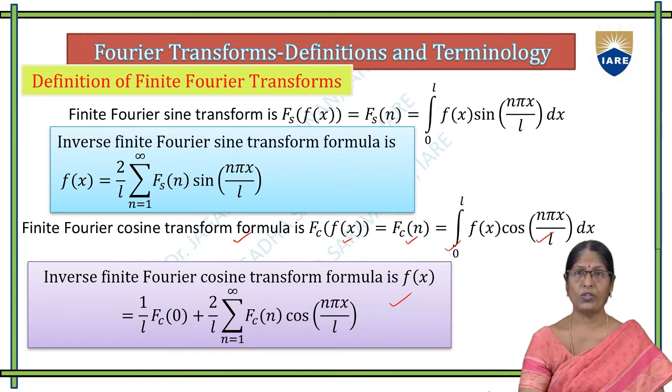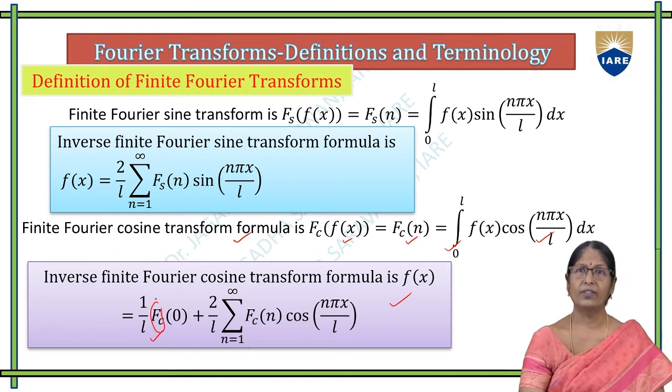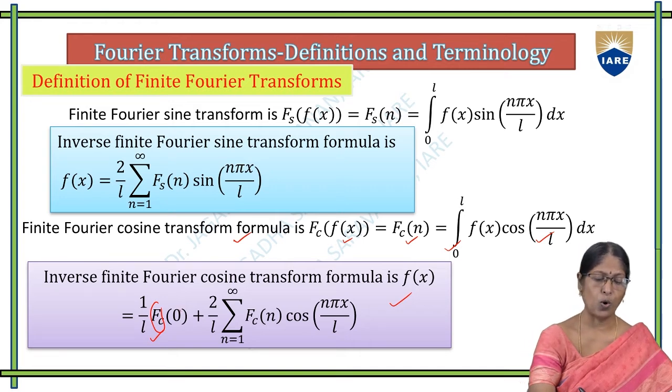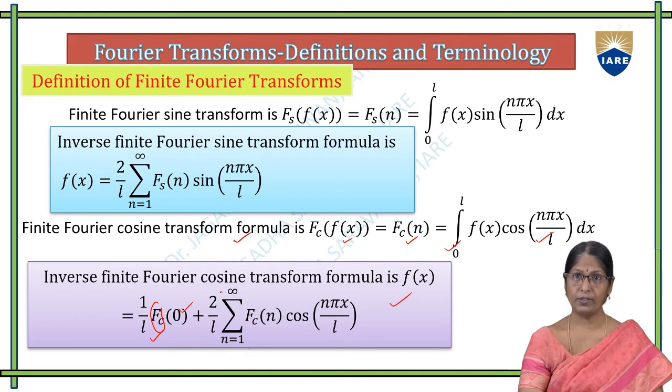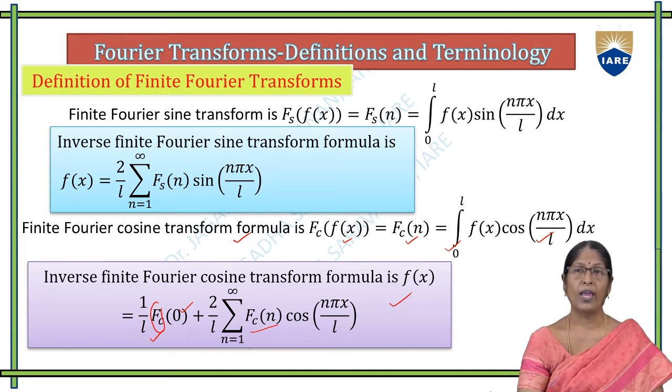The formula is 1 by L, capital F, that is the Fourier cosine transform at the point 0, plus 2 by L summation from n equal to 1 to infinity, the Fourier cosine transform written inside, cos of n pi x by L.